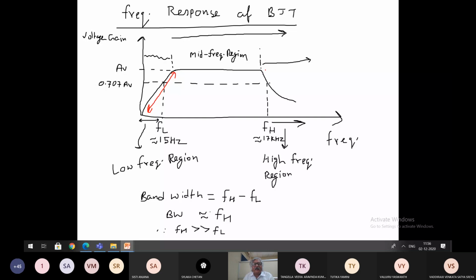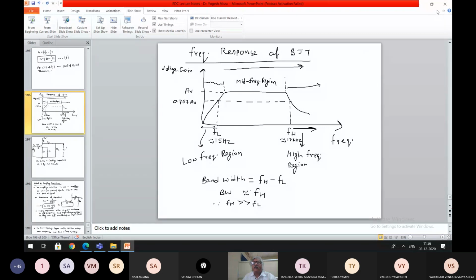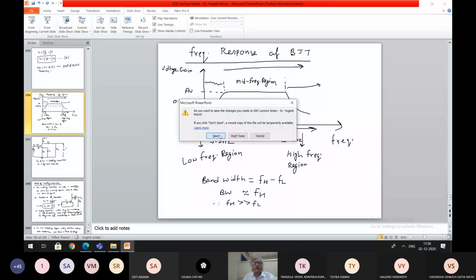But at the higher frequency here, the gain is also dropping. This drop is not due to the coupling capacitors. Something else is there, right? Okay, so I stop here. From here we will continue.